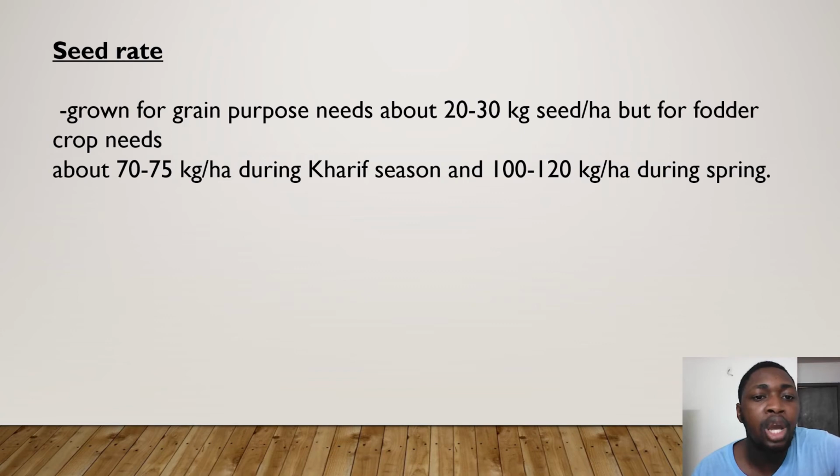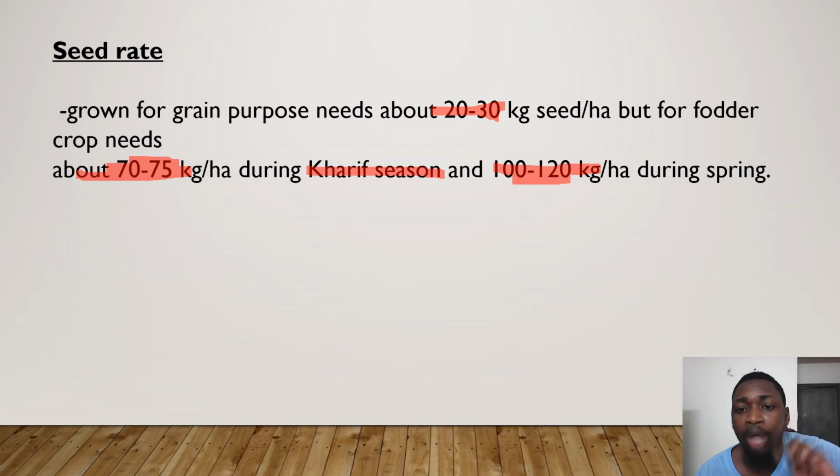So here I was saying, if soybean is grown for grain purposes, it needs 20 to 30 kgs of seeds per hectare. But for fodder crop, it needs about 70 to 75 kgs per hectare during the Kharif season. And during the spring season, it needs 100 to 120 kgs per hectare.